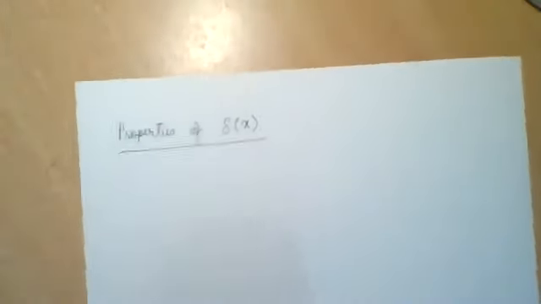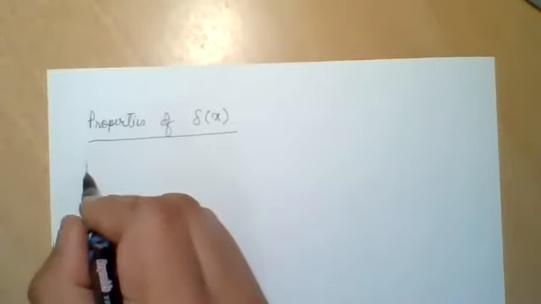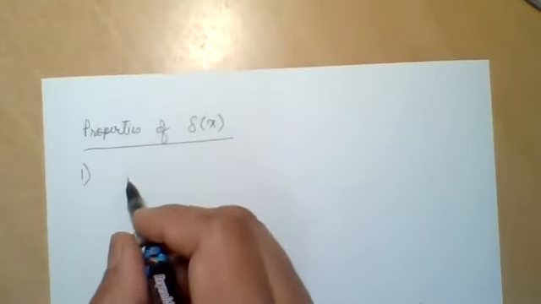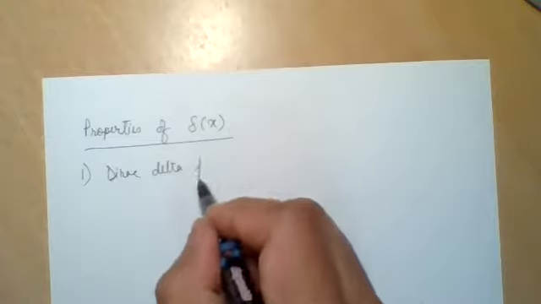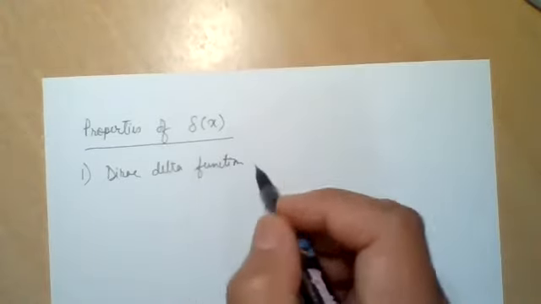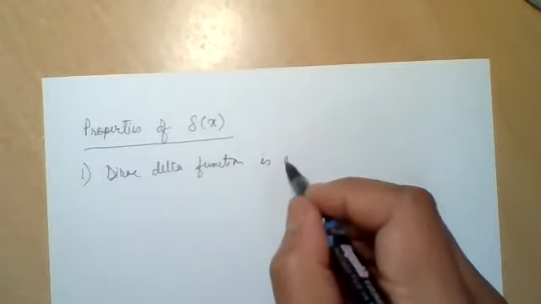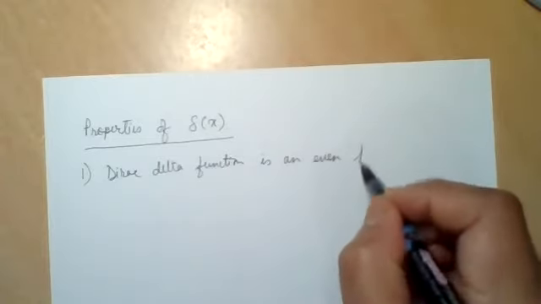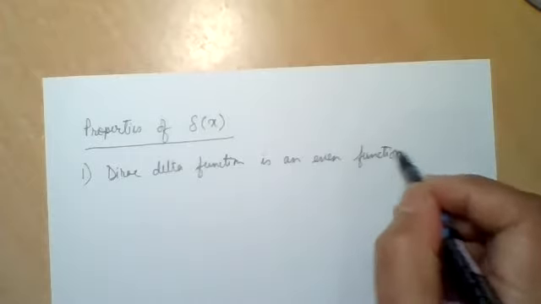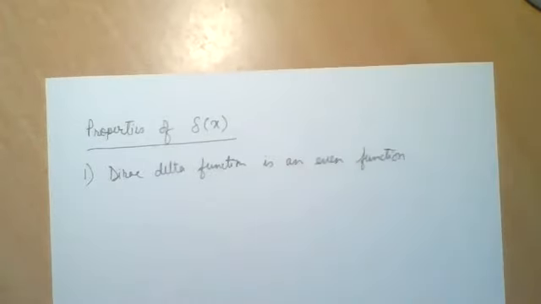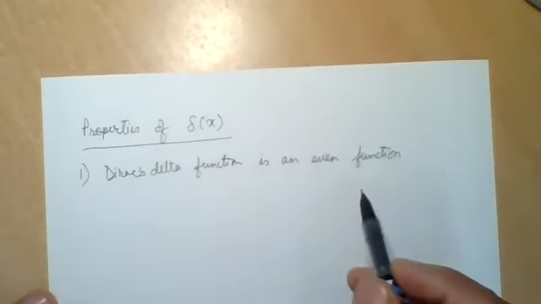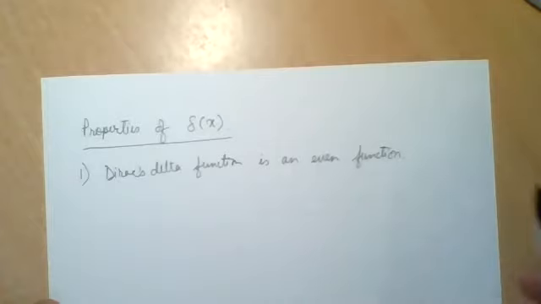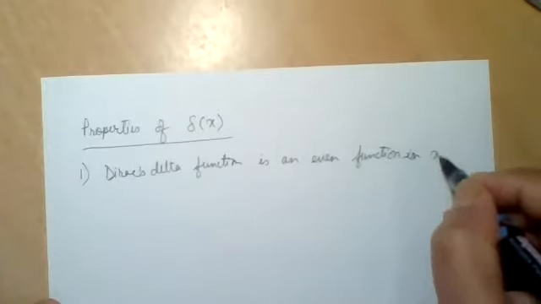So the first property that we are going to study is that the Dirac delta function is an even function in x.